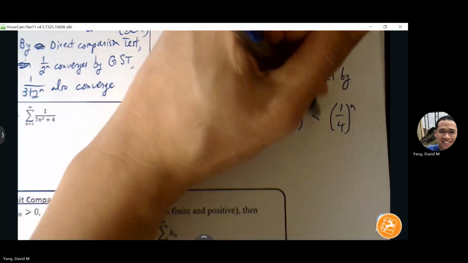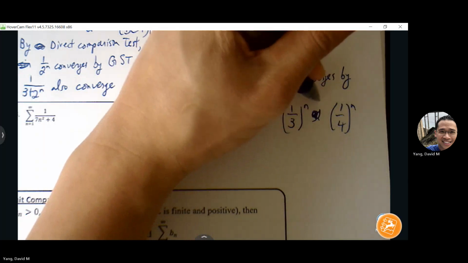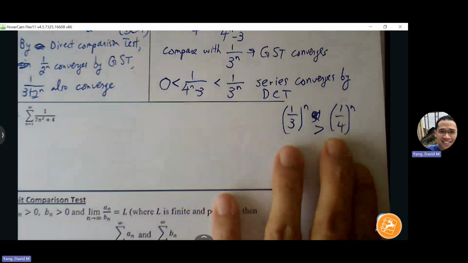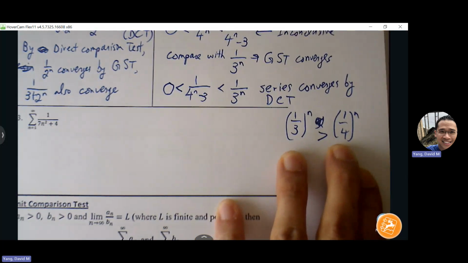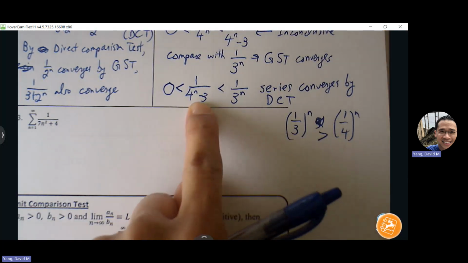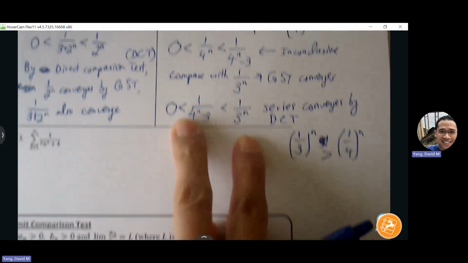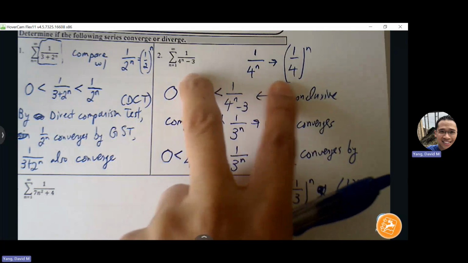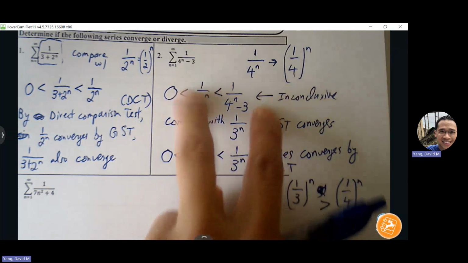Wait, I'm sorry. Greater, right? Denominator is smaller, so the overall value is greater. If we know this relationship, then we know that a minus 3 is not going to have much impact. So we're kind of looking outside the box a little bit and finding something that we can use.